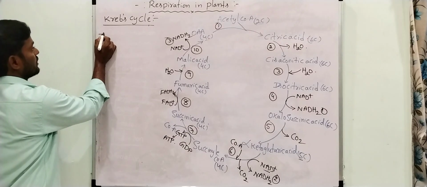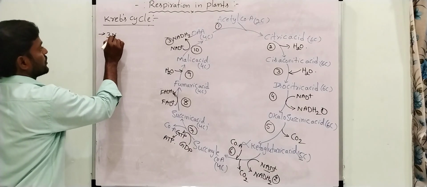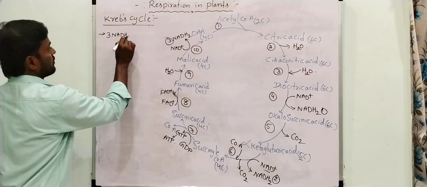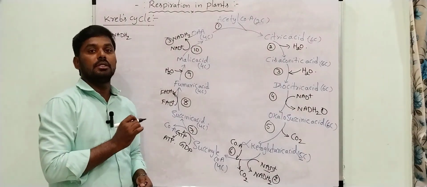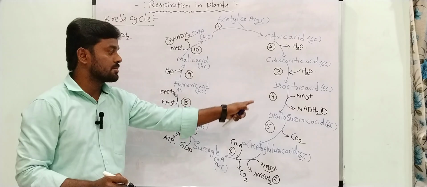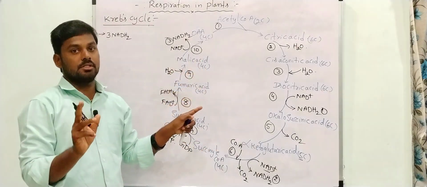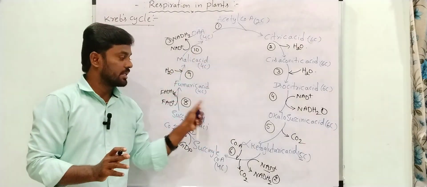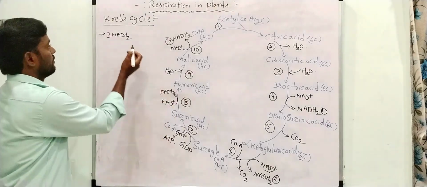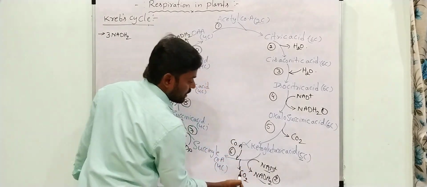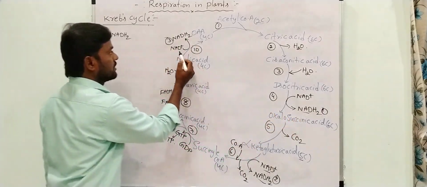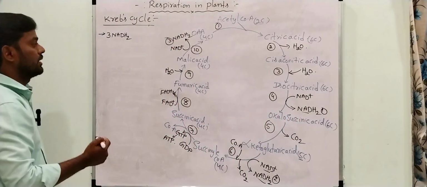So we get 3 NADH2 from one cycle of the Krebs cycle. But we have to remember very carefully, this Krebs cycle takes place 2 times. So we will take it 2 times.